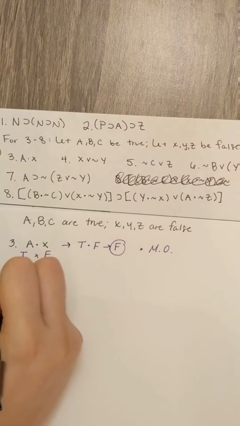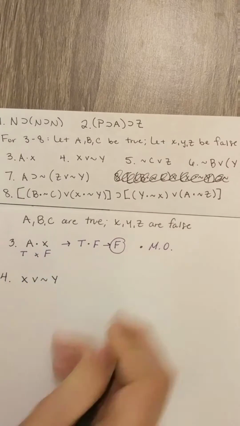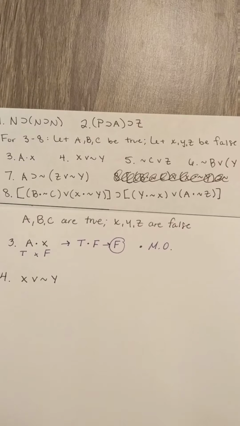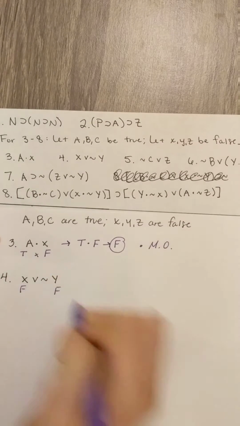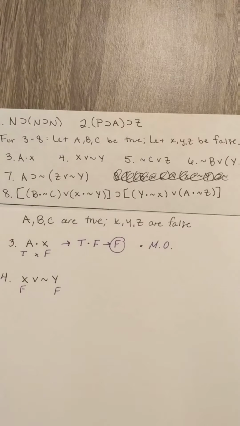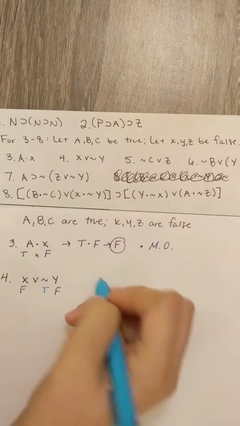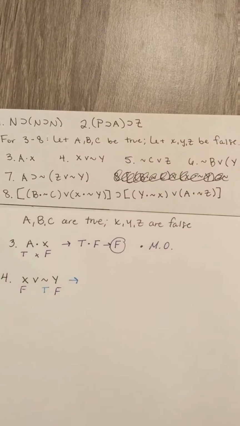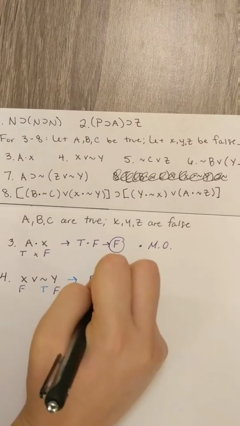And then 4, I have 2 operators. I have X or not Y. So X is false, Y is false, but not false is true. So now I can say the statement translates into saying false or true.